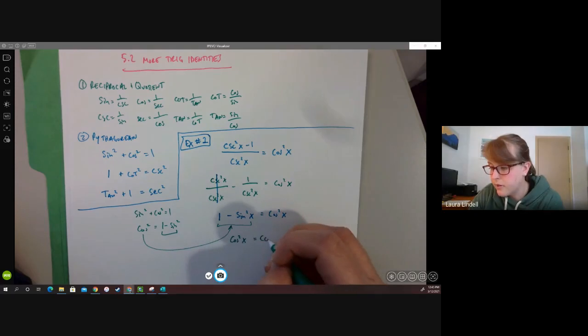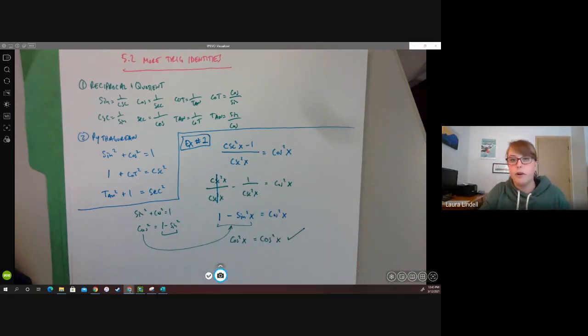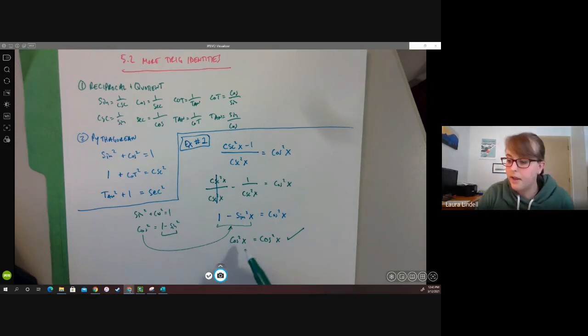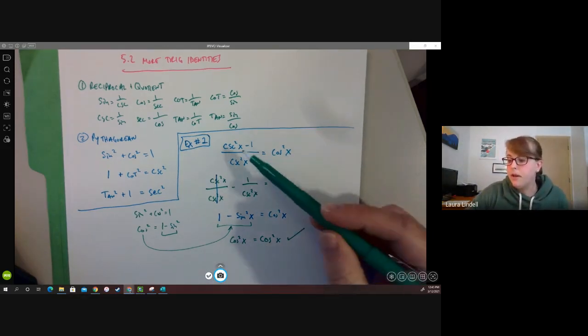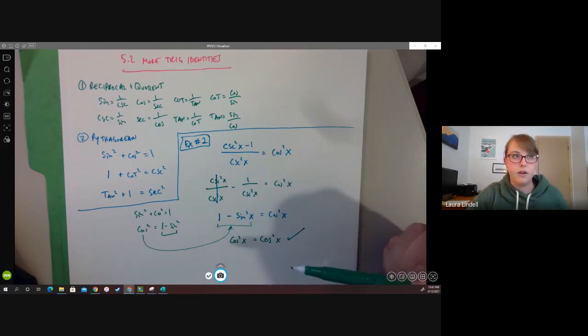And then we get down to cosine squared equals cosine squared, and that's when we know that we are done with the problem. So again, the goal with these is to get down to something like this, where you get the same thing on both sides by manipulating one side or the other side or both in order to simplify.